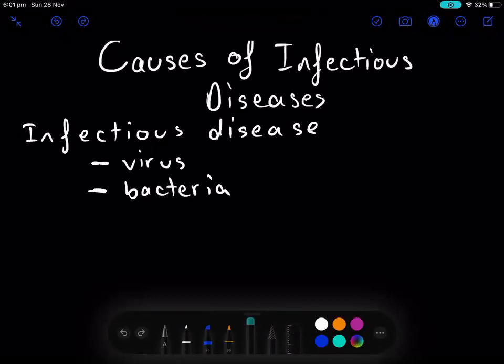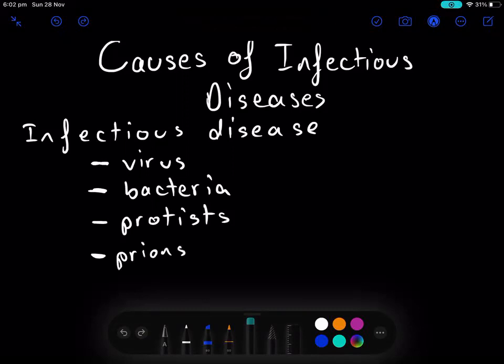So bacteria such as Salmonella is quite a common causative agent for an infectious disease. Additionally, there are protists. Protists are causative agents of disease. An example would be the malaria protist. And then we've got prions.